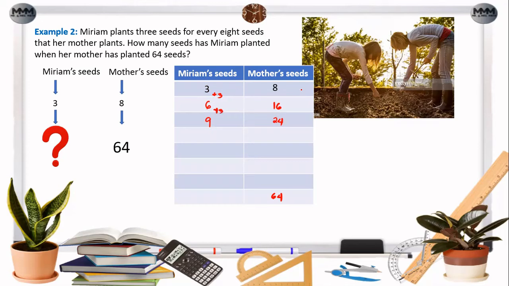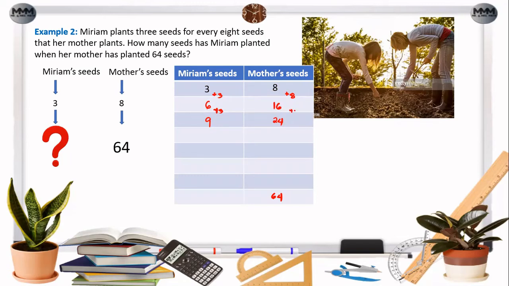Follow? And also in the second column, for her mother, her mother's seeds increase in multiples of 8. As you can see here, we have 8, 16, 24. Or we can just add 8 from our previous entry, that is 8, to get the next entry, that is 16.